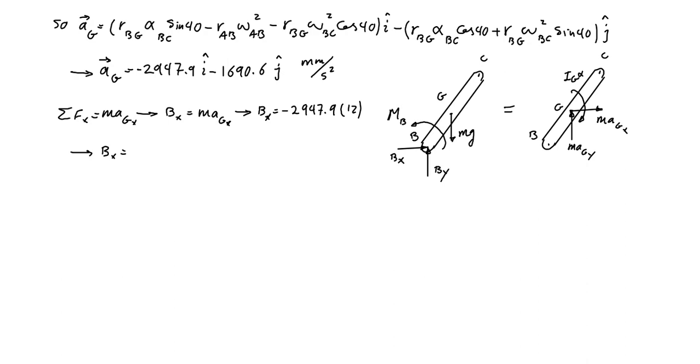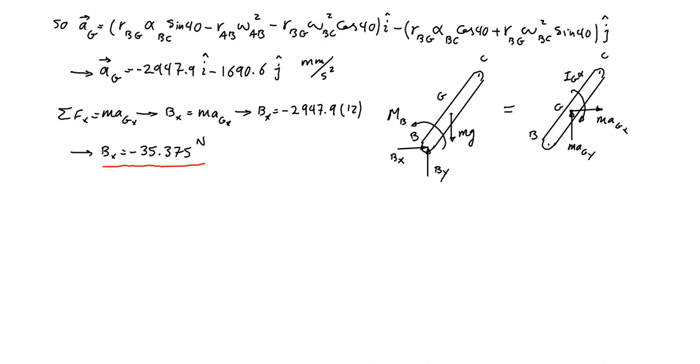If you convert the units, since this is millimeter per second squared and this is kilogram, you have to divide that by 1,000. That gives you minus 35.375 Newton, which means B x direction is the opposite of what I drew there.